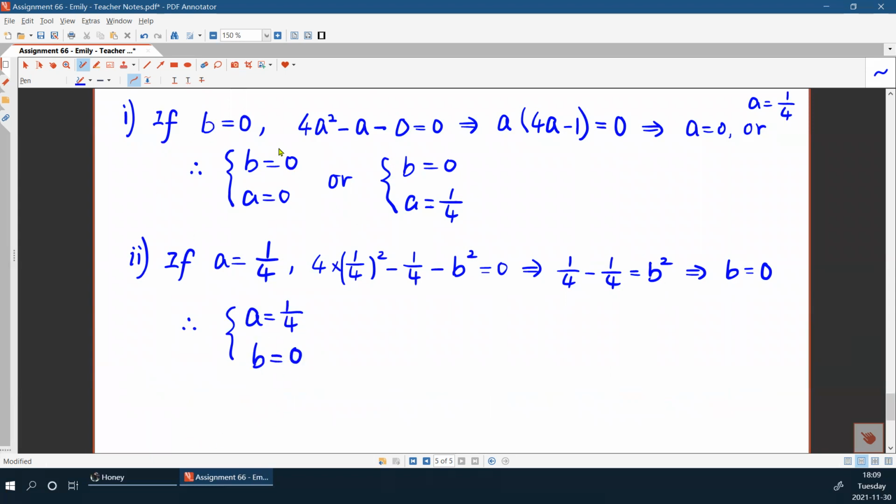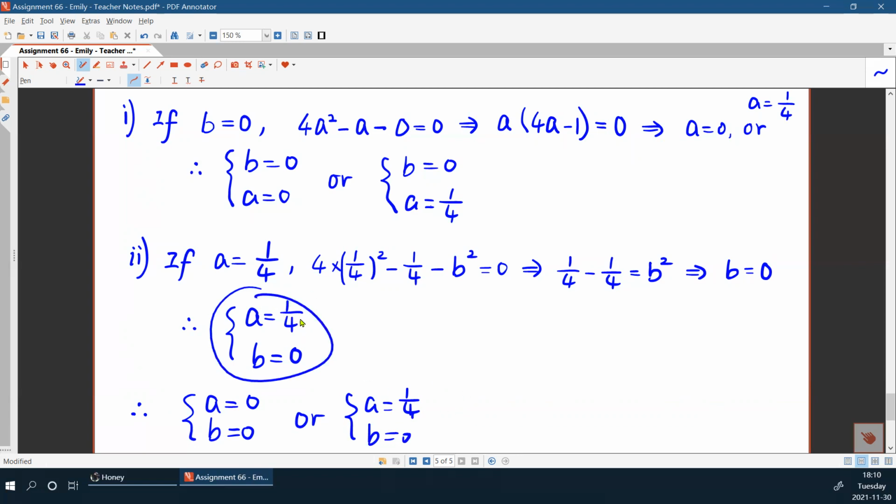So by considering all these situations, therefore, possible solutions of a and b is either a is 0 and b is 0, or a is 1/4 and b is 0, or the third solution here, right, which is the same as the second solution, so we don't have to repeat it. That means we only have two sets of solutions, right?